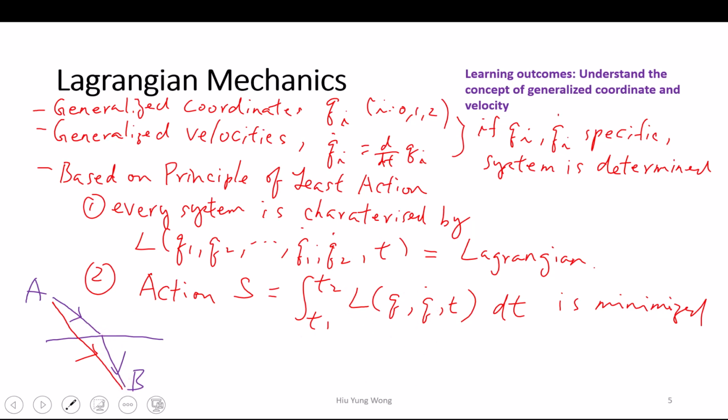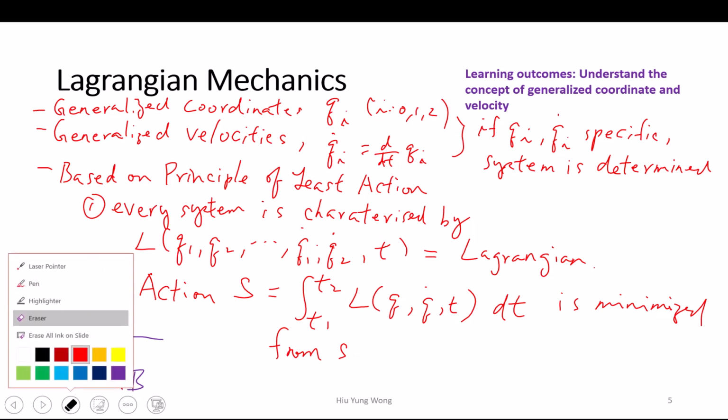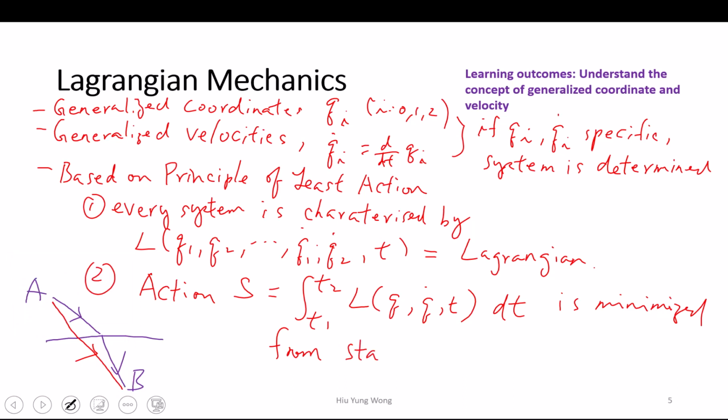Although it's high dimensional, the question is which path the system should use to evolve from state Q at T1 to state Q at T2, right? Basically, I try to hit this billiard ball and it's going to move.